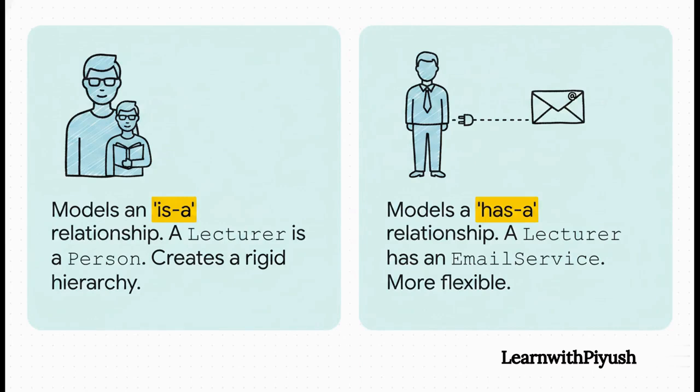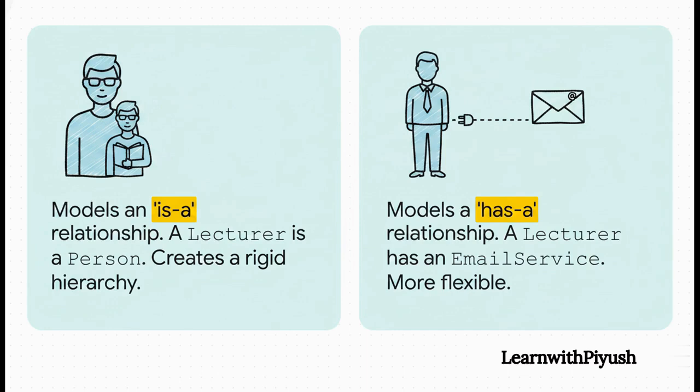This brings us to a really fundamental design choice. We use inheritance for is-a relationships. A lecturer is a person, but for has-a relationships, we should use composition. Think about it. A lecturer doesn't become an email service just to send a message. A lecturer has an email service that it uses.